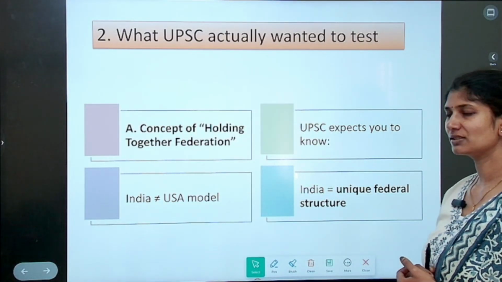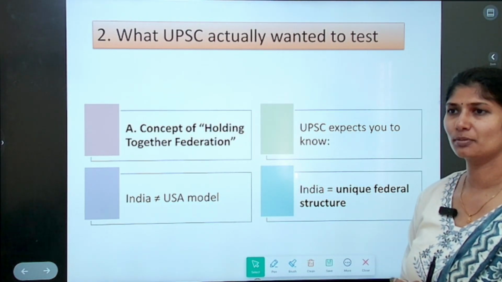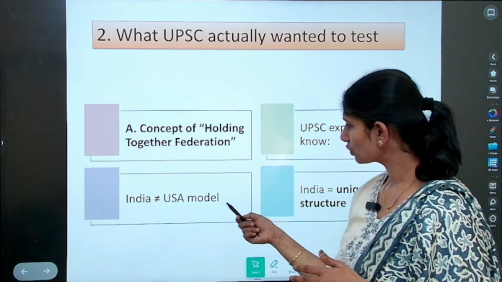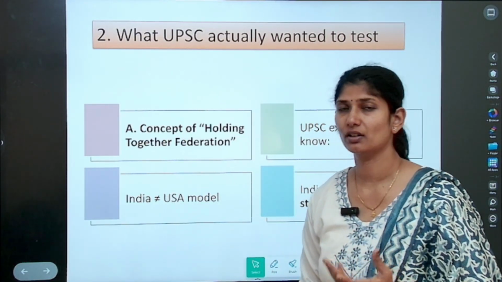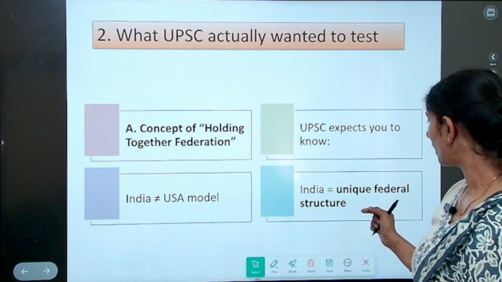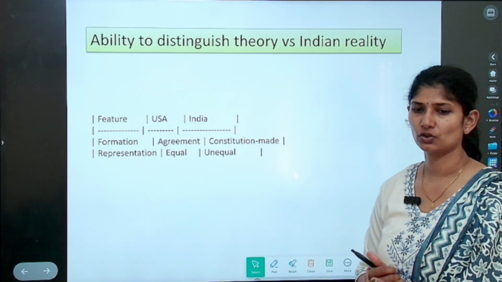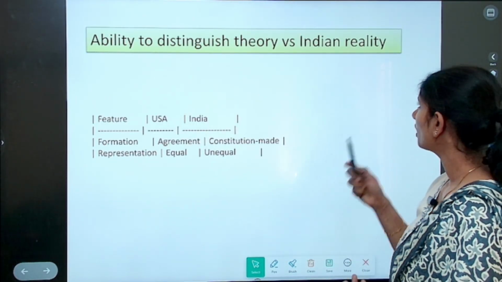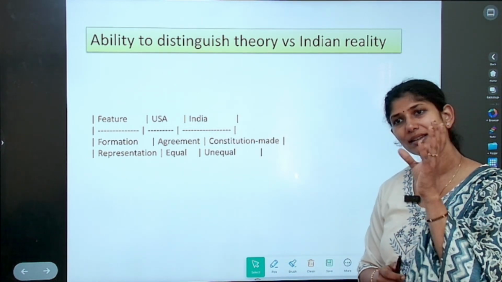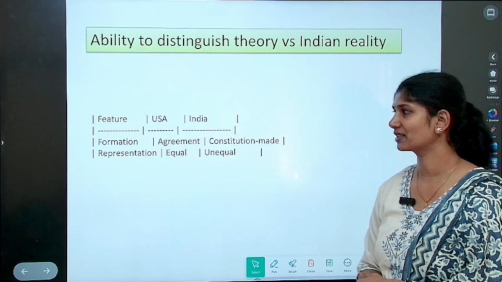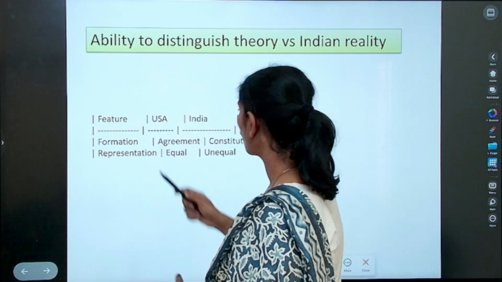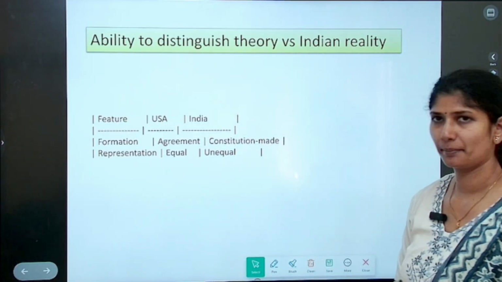So you have to first understand that federation is not one particular model. The US is also federal, India we also call federal. We have not used that term, but there is a difference in these models. So you have to understand the unique federal features of India. They want you to understand the distinction between theory and the reality of practice. The USA was more formed based on agreement.